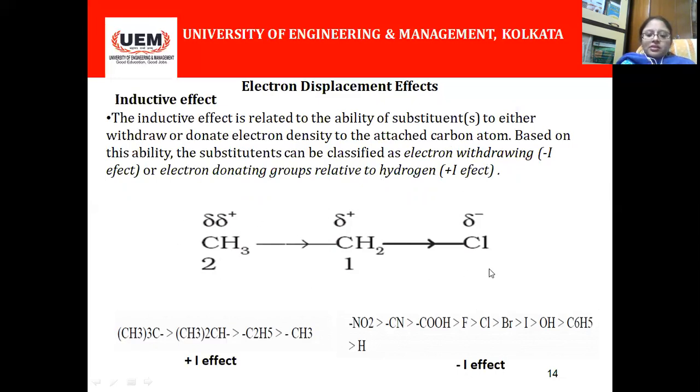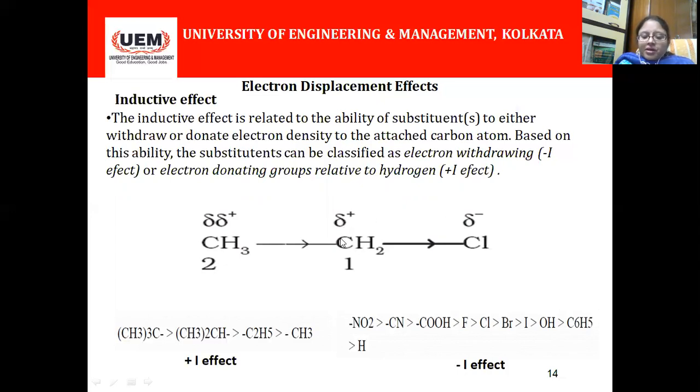I'll discuss these things using this compound. It is chloroethane. In chloroethane, chlorine is more electron loving. That is, it will pull the bond pair of electrons towards itself, as it is more electronegative than carbon. So it will generate a delta negative center and carbon will become delta positive.